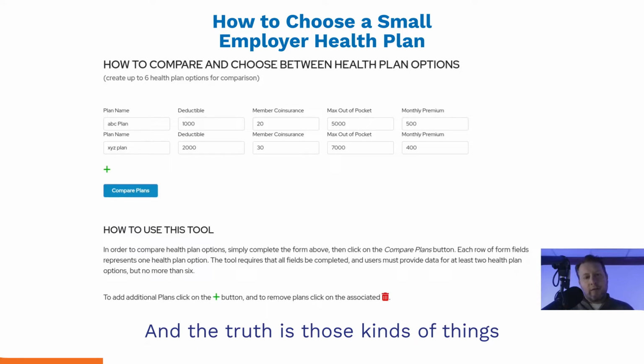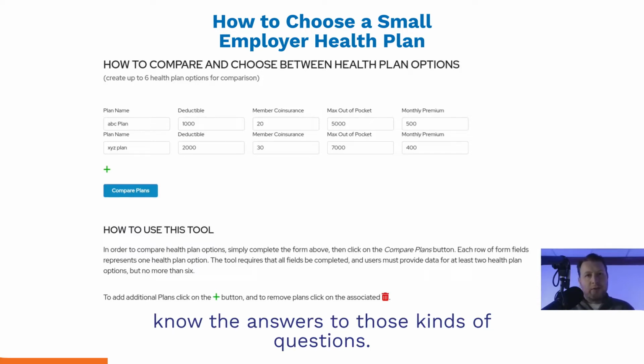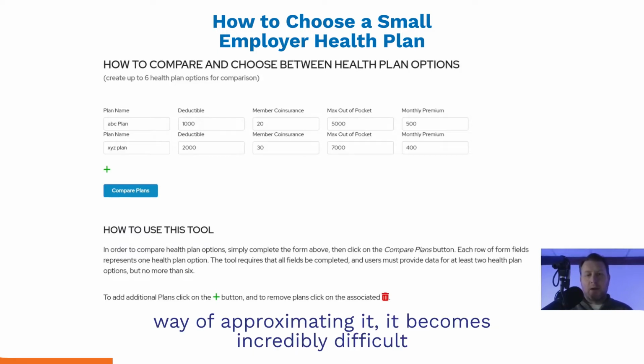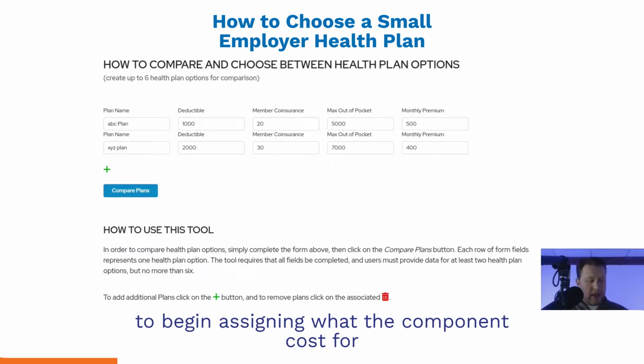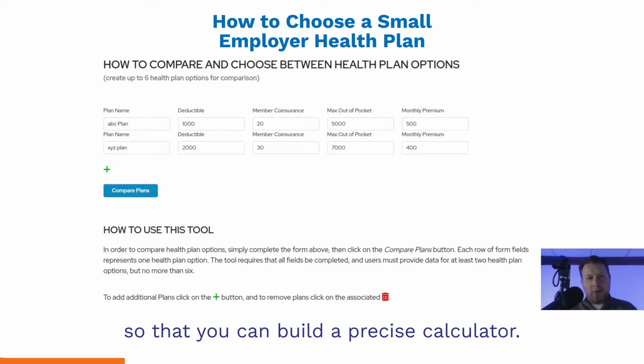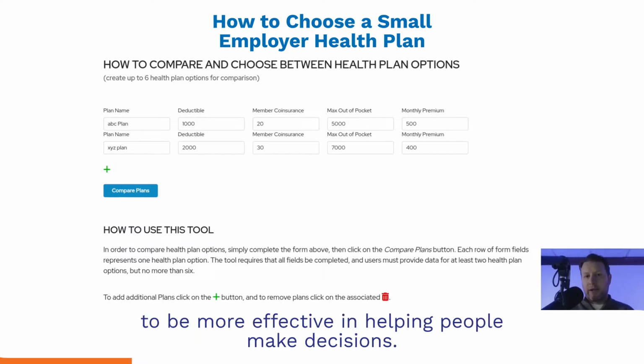And the truth is those kinds of things are not very practical because most people don't know the answers to those kinds of questions. And even if you did have some rough way of approximating it, it becomes incredibly difficult to begin assigning what the component cost for each of those levels of service would be, so that you can build a precise calculator.